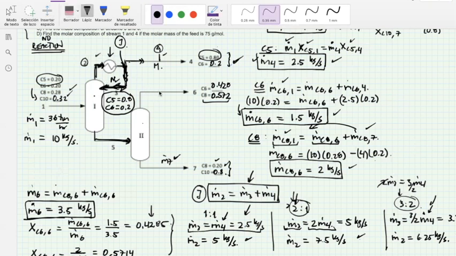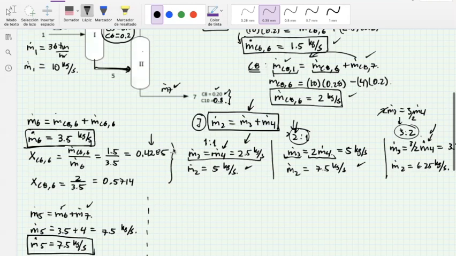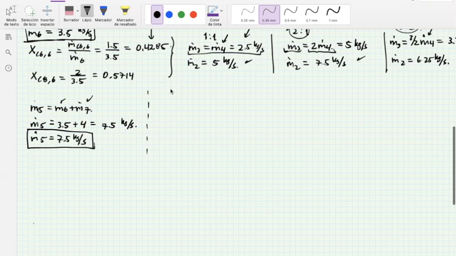I said let's wait to see if I can prove that these numbers may not be changing because of this heat exchanger, but you will see that that's not the case. So I'm going to go again with C5.